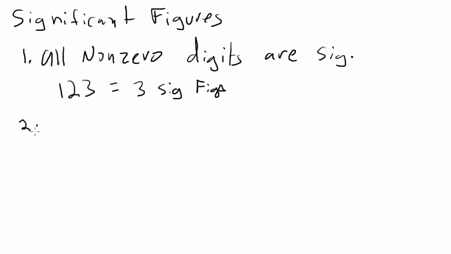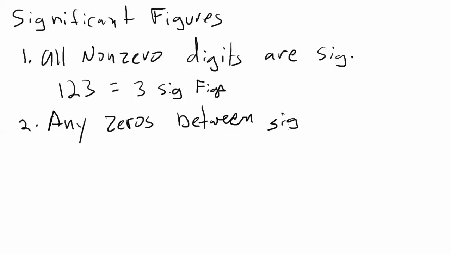The second rule: any zeros between significant digits are significant.